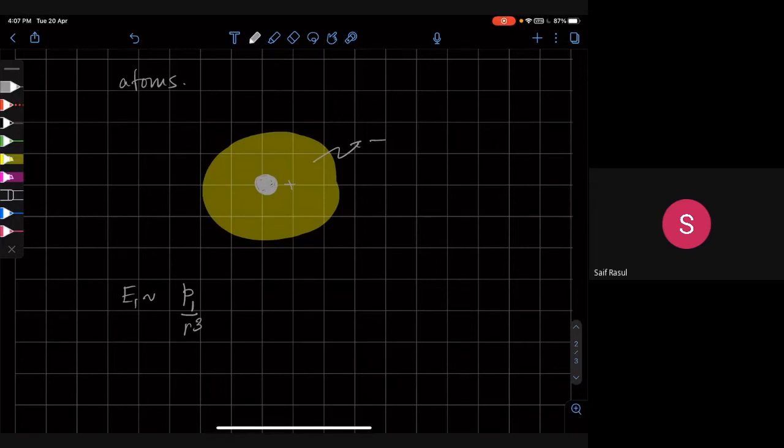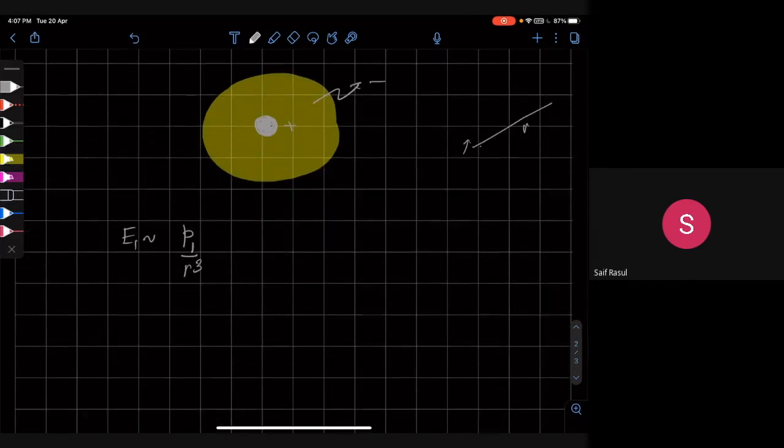If it's a small dipole, so if it's a dipole like this and this is r, then the electric field is going to fall off as 1 over r cubed. So that's interesting because even though the dipole is an electrically neutral object, because the two charges are not coincident, it still has an electric field.